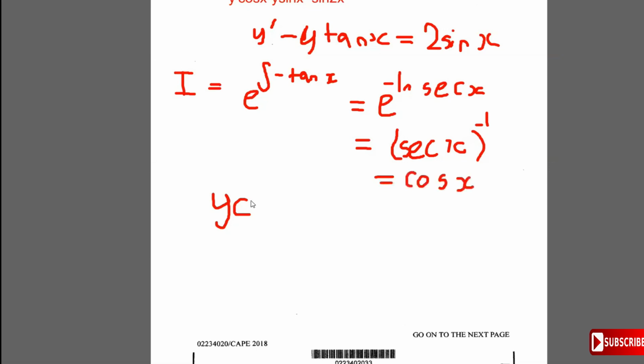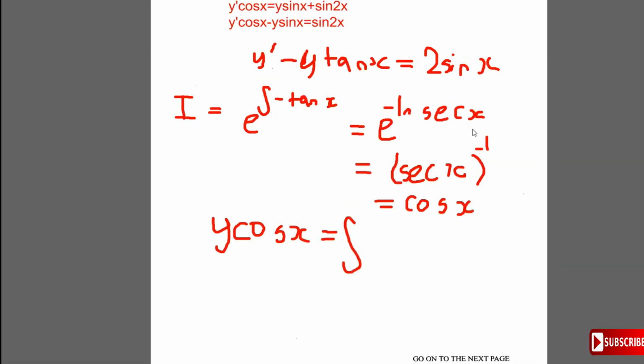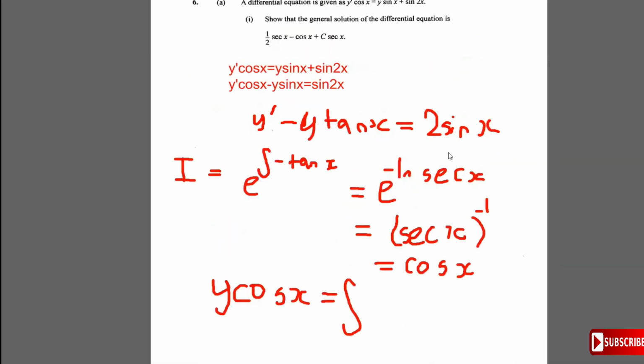So that means I have y cos x. Y cos x is equal to the integral of 2 sine x times cos x, but 2 sine x times cos x is just going to be sine 2x. So it's equal to the integral of sine 2x dx.